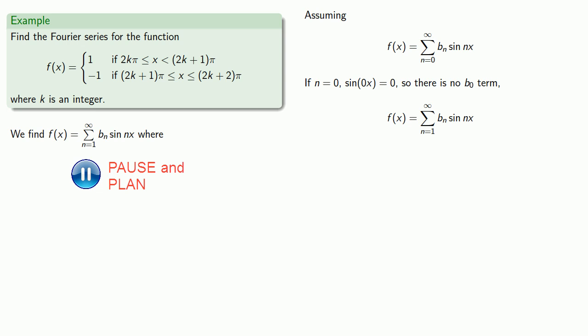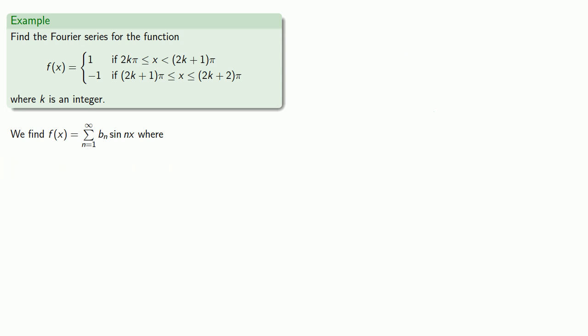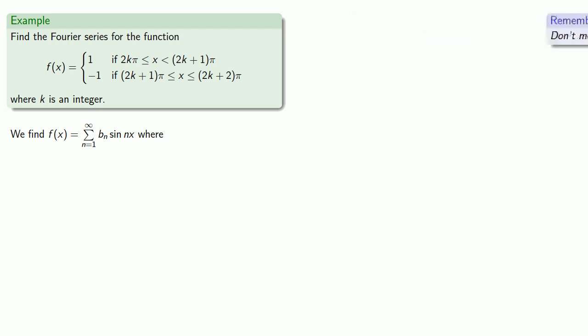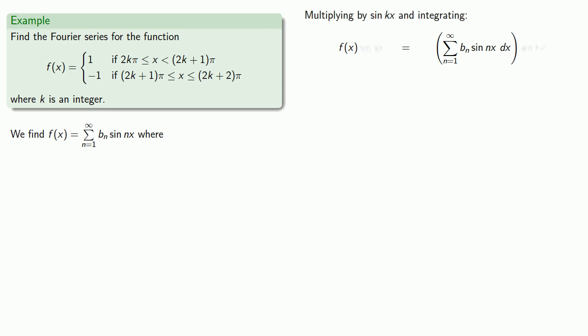So remember, don't memorize formulas, understand concepts. Once we've assumed that our function has the form of a trigonometric series, remember that we can find the coefficients through integration. So we'll multiply our series by sine of kx and integrate.